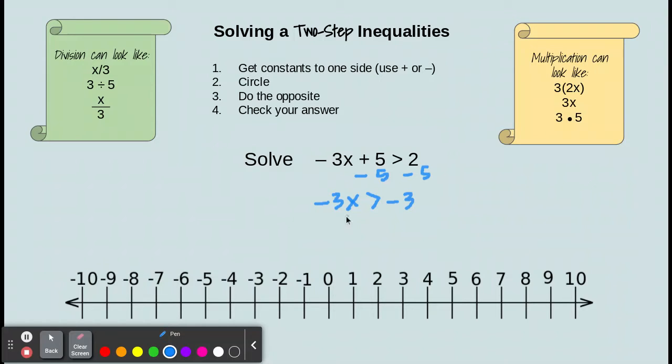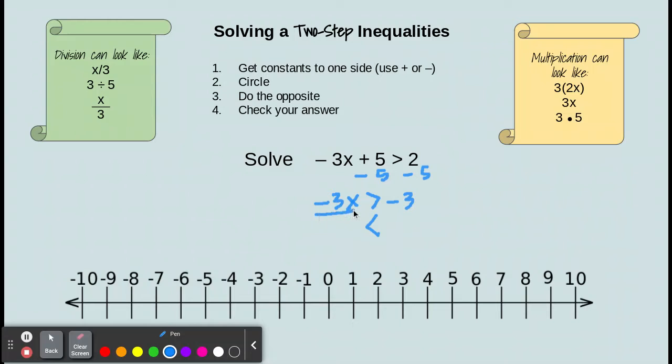It's a negative, right? So negative 3 is the coefficient of the variable x. And remember last section in 4.6, we talked about how if that coefficient is negative, we need to flip our inequality sign, right? So we need to flip that.